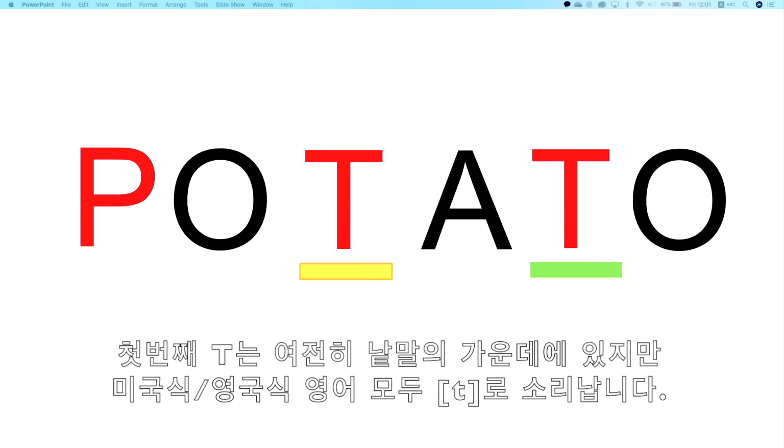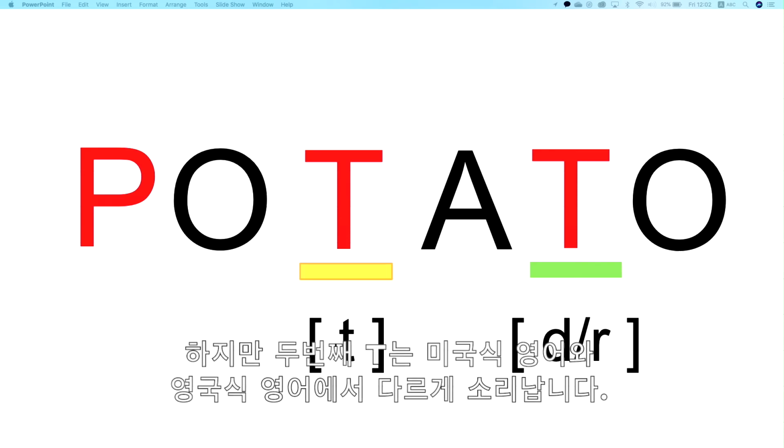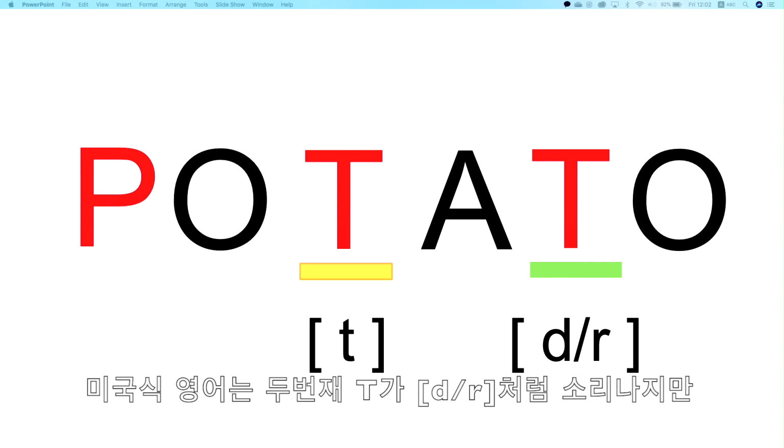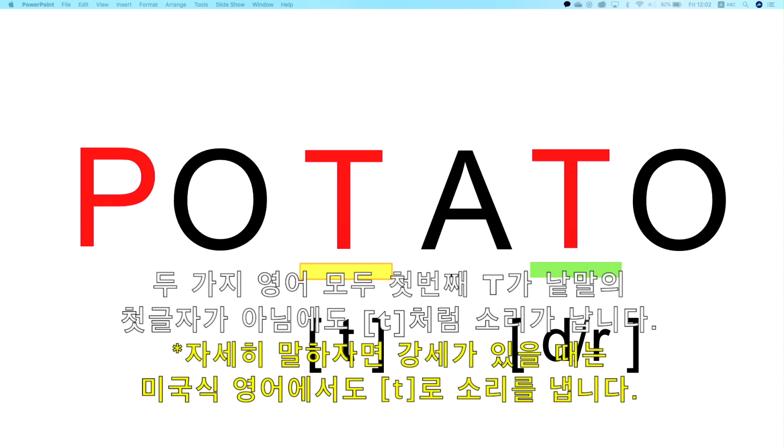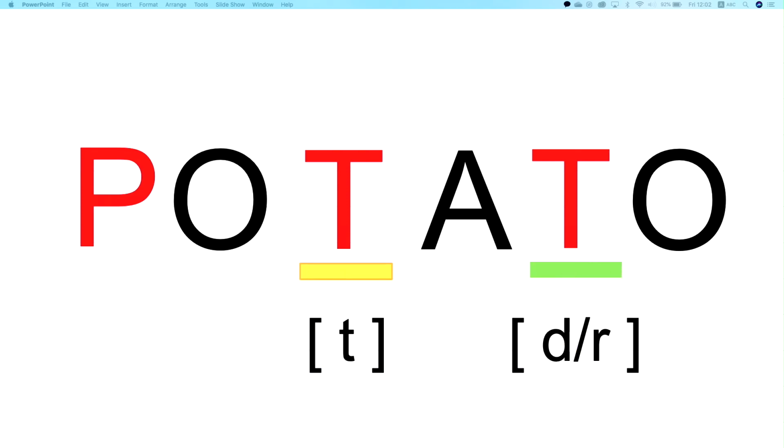The first T is also in the middle of the word, but it just sounds like true T for American and British both. But the second T sound is different for American and British. American English sounds like potato, but British English sounds like potato. They both sound same for the first T, even though it's not at the beginning.